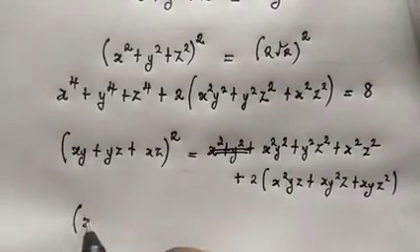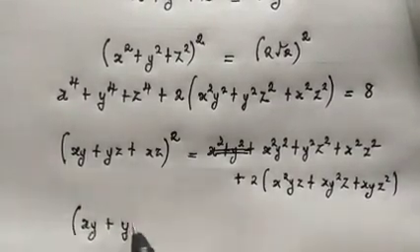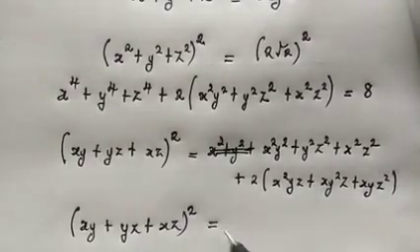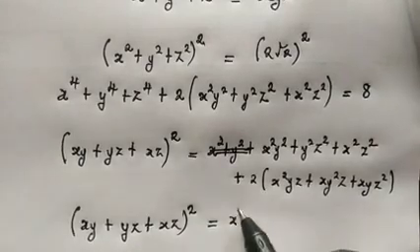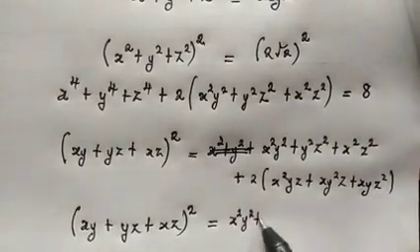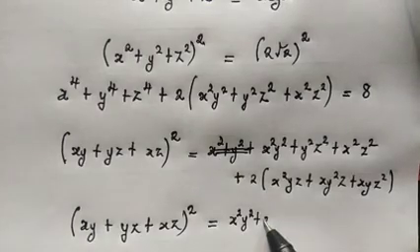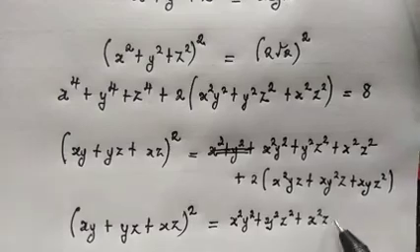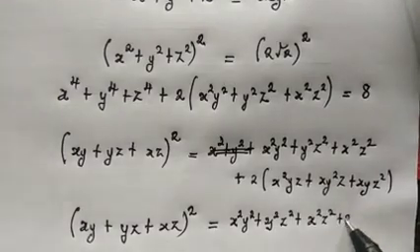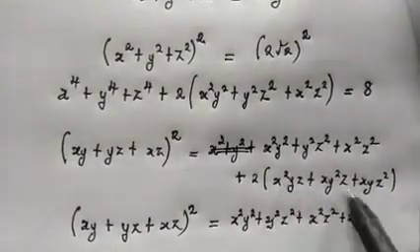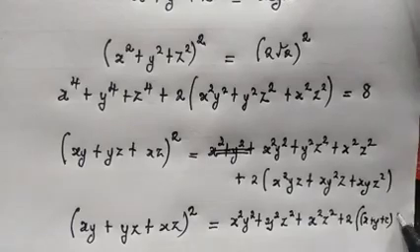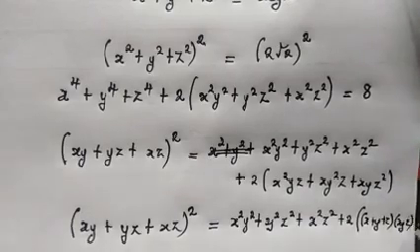So here we get xy plus yz plus xz squared. So this is equal to x squared y squared plus y squared z squared plus x squared z squared, right? Then plus 2 into bracket. Now this right over here is simply the product of x plus y plus z and xyz.